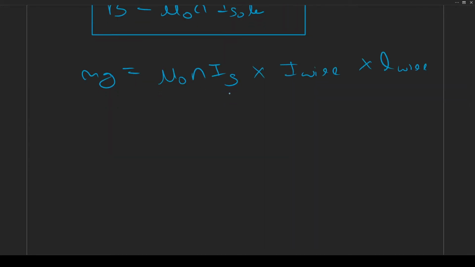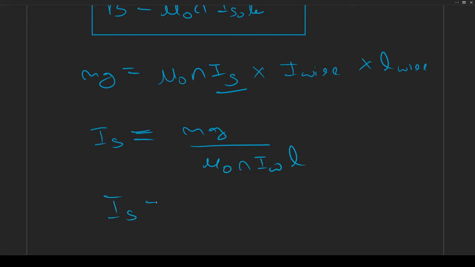And when we want the I of solenoid, so substitute I of S, which we will get as mg by mu naught N I wire times length.